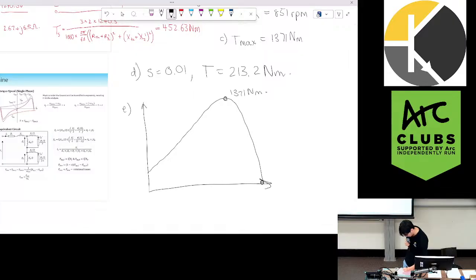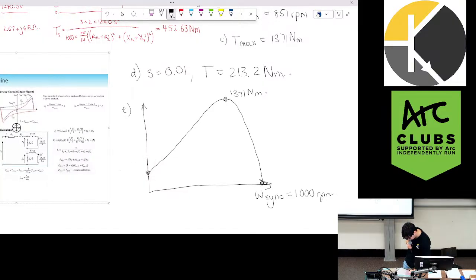We know that this is at our synchronous speed, which is 1,000 RPM. And we know our starting torque was 452.63. And at a slip of 0.01, we have a torque of 213.2 Newton meters.